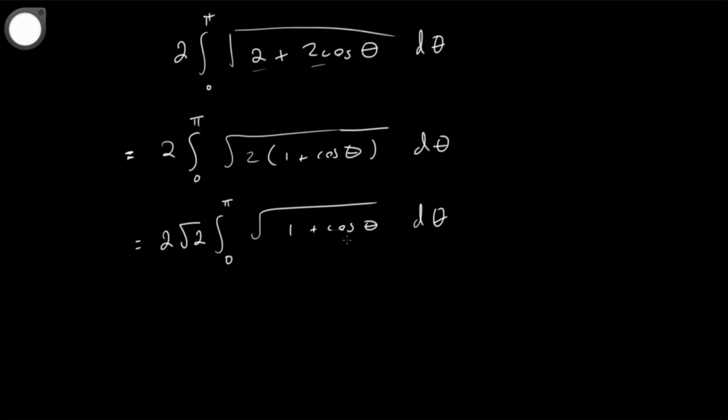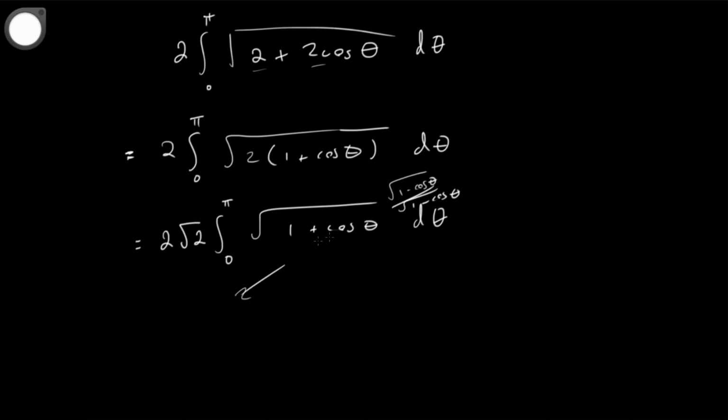One way to do it would be to try to force some u substitution, because I have a cosine theta here. How can I get myself a sine theta and then do a u sub problem? The way I see I can add a sine is I'm going to multiply this radical by the square root of 1 minus cosine theta over the square root of 1 minus cosine theta.